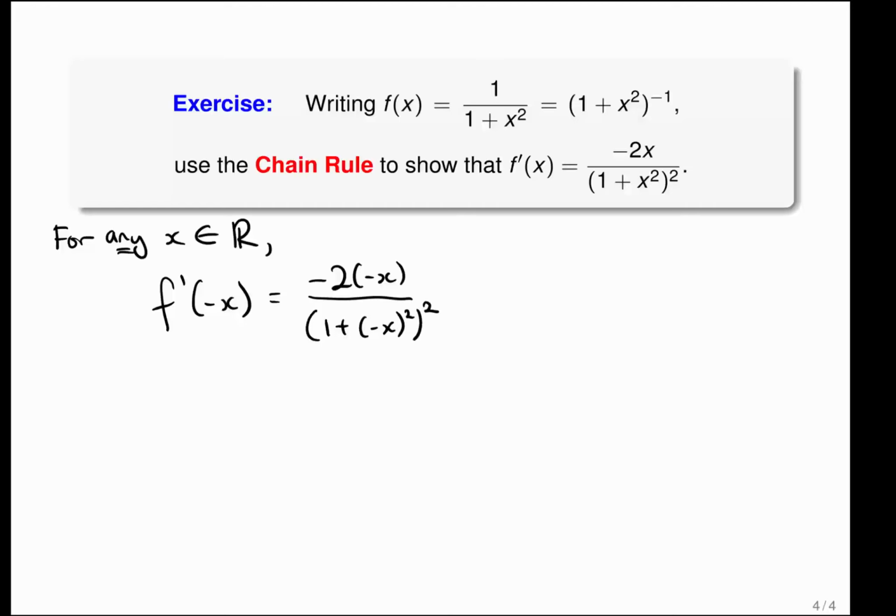The double negatives then cancel away to a positive, and minus x all squared is just x squared. And so this simplifies to the following.